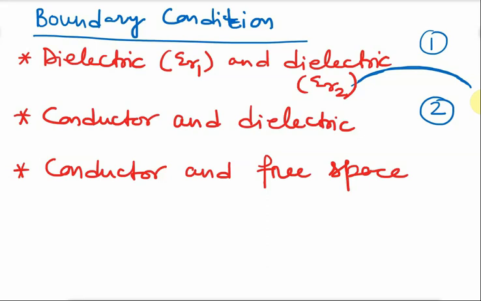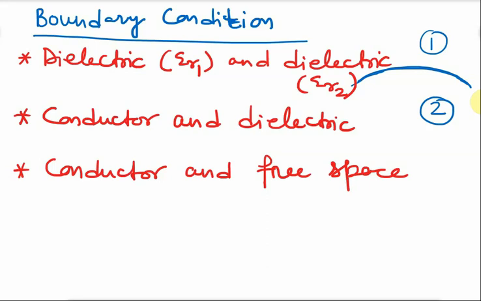Okay, another is conductor and dielectric. Obviously if you consider any wire, inside the wire there is a conductor and outside the wire there is an insulator. So that interface, that boundary, is your conductor-dielectric boundary. And then conductor in free space: the overhead transmission lines can be considered a case of this, because there is no insulation on the lines.